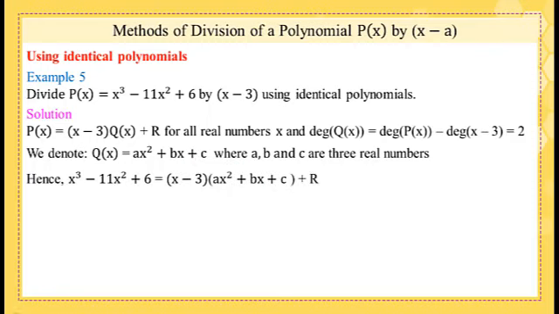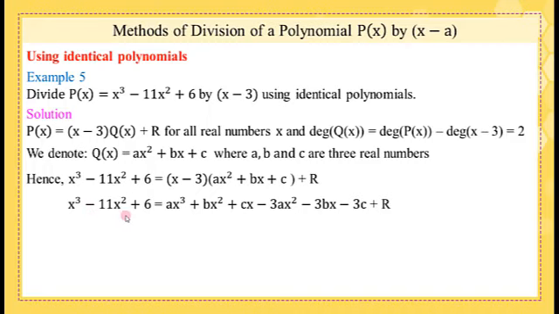real numbers. Hence, x cubed minus 11x squared plus 6 equal parentheses x minus 3 multiplied by ax squared plus bx plus c plus r.